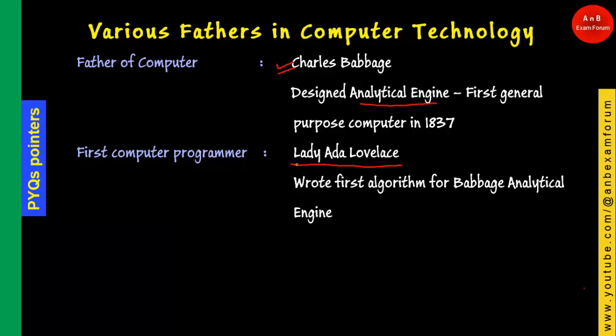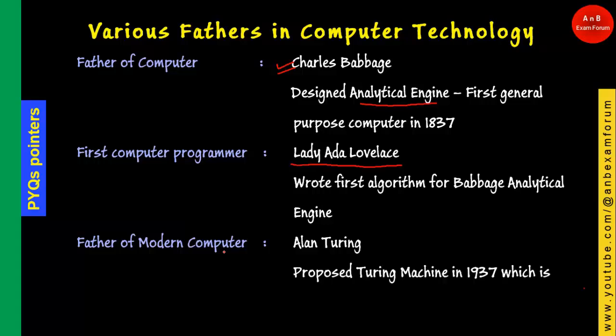Okay, next we have seen a question related to the modern computer. Okay, father of modern computer, that is, not the father of computer. If we ask specifically about the modern computer, your answer should be Alan Turing, not Charles Babbage, because he proposed the Turing machine in 1937, which is a theoretical model for modern computers. He designed the theoretical model which modern computers use.